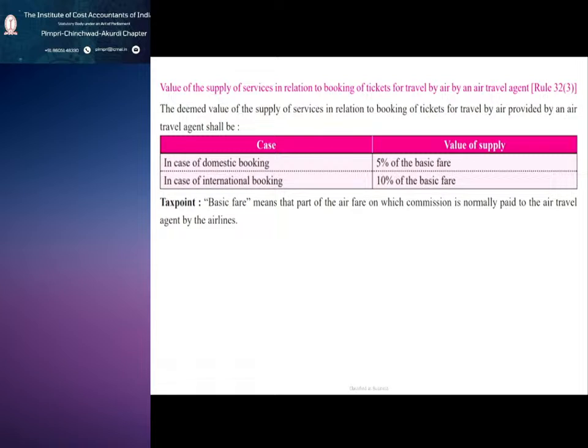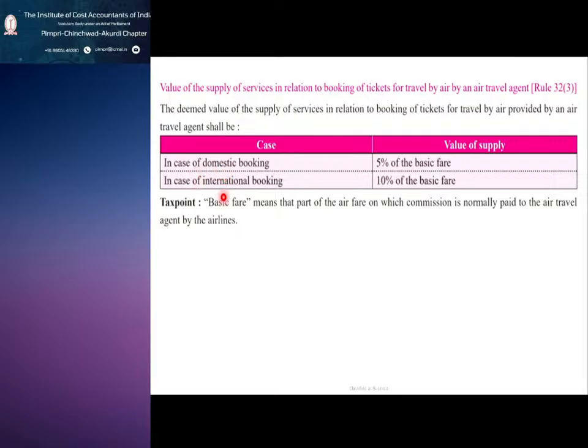So what is the value of supply of services, booking of tickets for travel by air by an air travel agent? The deemed supply of services for travel by air provided by an air travel agent. So if I am running an air travel agency, acting as an agent for air travel bookings, then what will be my taxable supply of service?